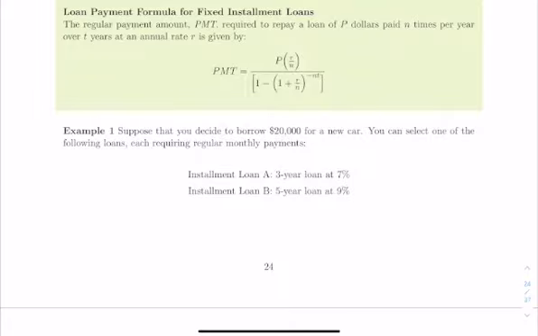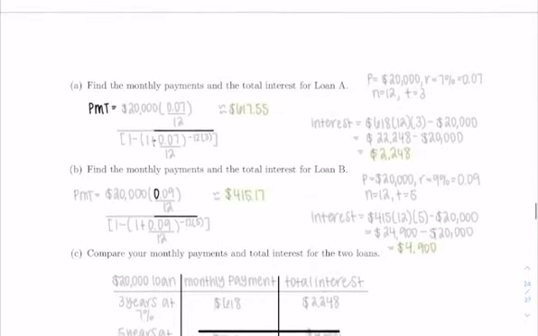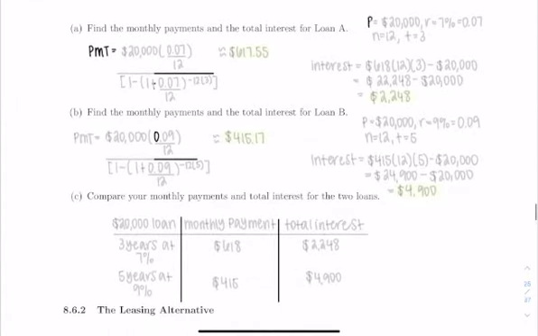So using our formula, let's write down our letters. Our P is the $20,000 loan we're taking out. My rate is 7%. My N is 12 because it's monthly payments, and T is 3 because it's a 3-year loan.